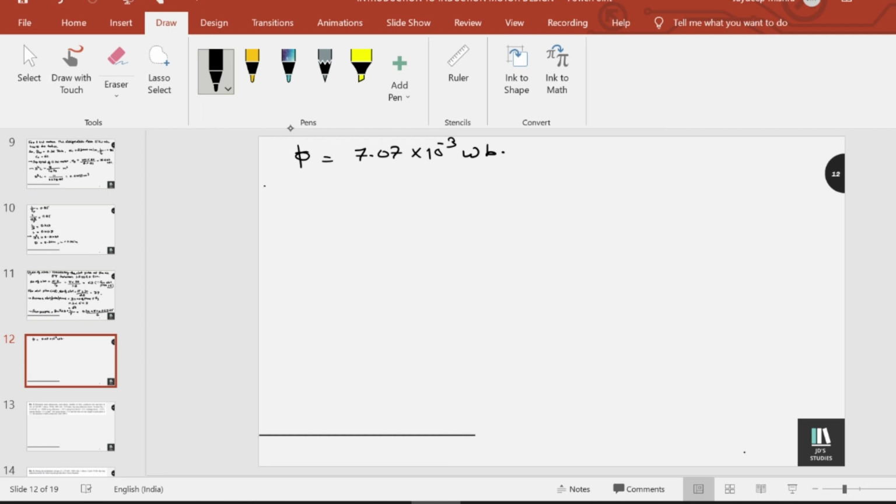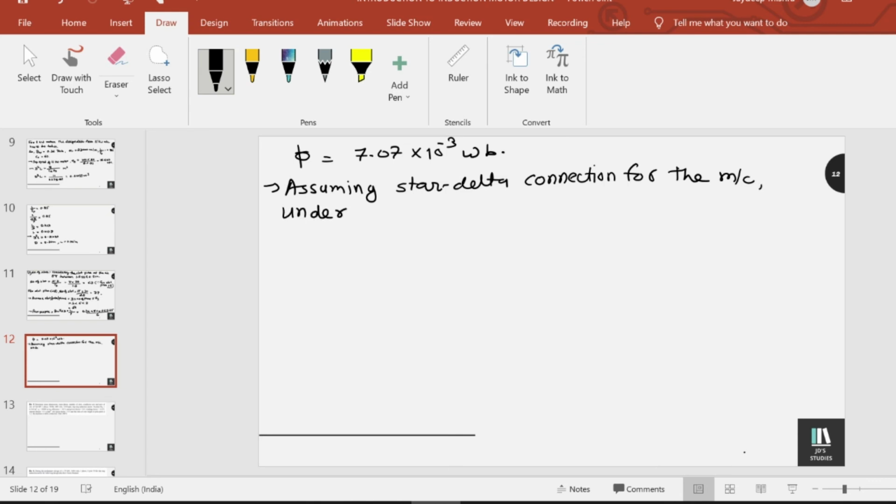Now assuming star delta connections for the machine under the running condition, using delta connection.